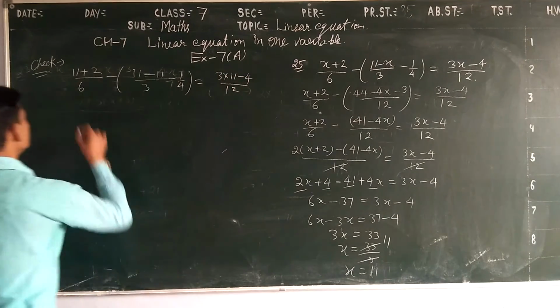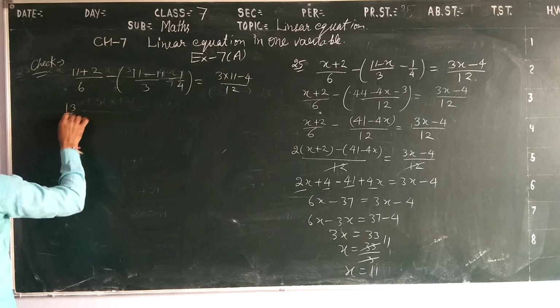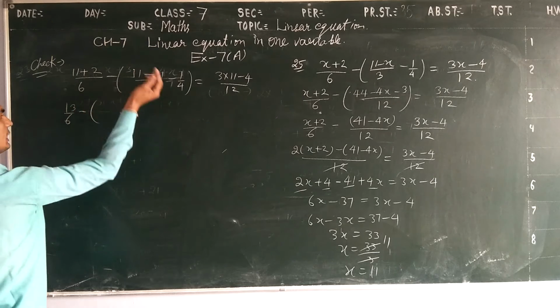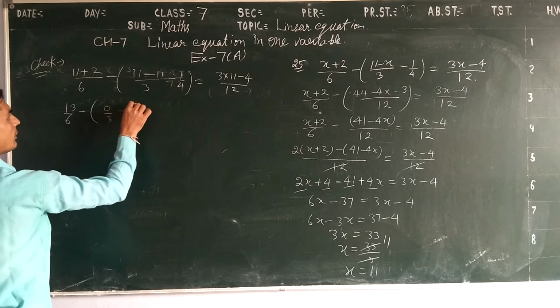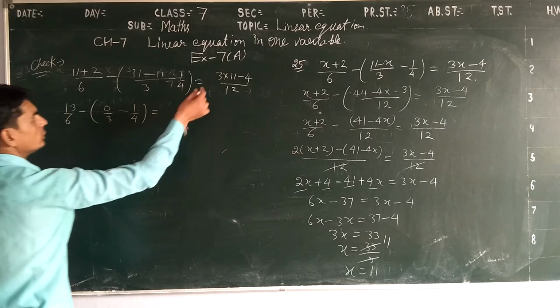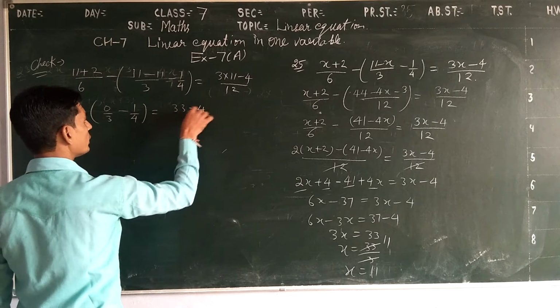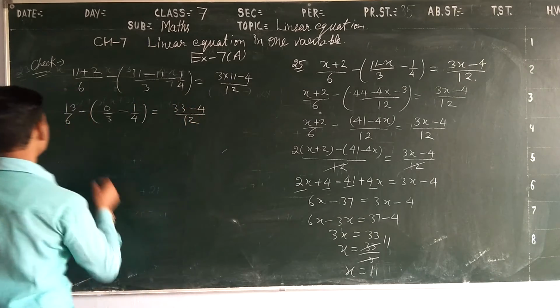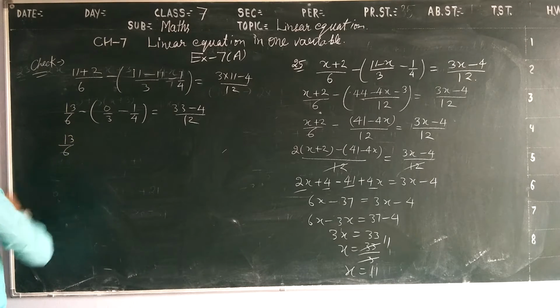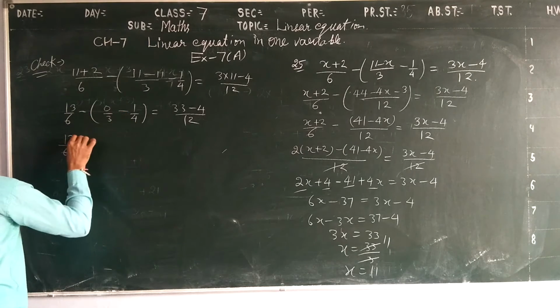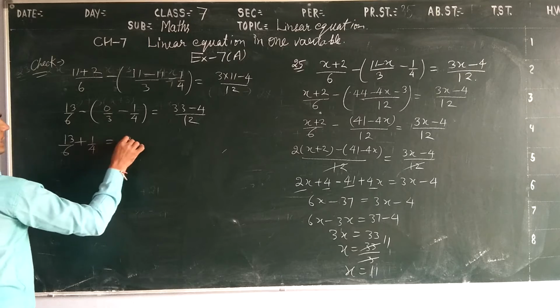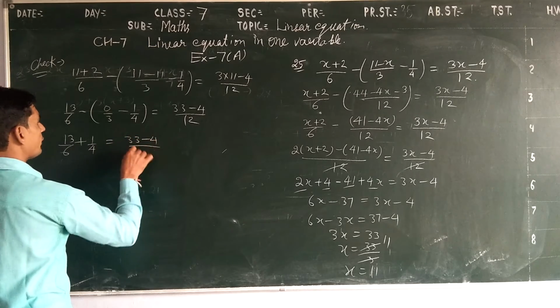So 11 and 2 is 13 upon 6 minus 11 minus 11, you know very well 0, and minus 1 upon 4 equals 33 minus 4 upon 12. So 13 upon 6 as it is plus 1 upon 4 equals 33 minus 4 upon 12.